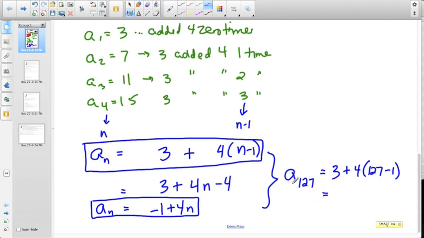And so we don't have to have the first 126 terms in order to get this term. We can just get it right off the bat from doing the calculations. So that would be 3 plus, let's see, 127 times 4. 7 times 4 is 28, 2 times 4 is 8, that's 508. And so the 127th term is 511.